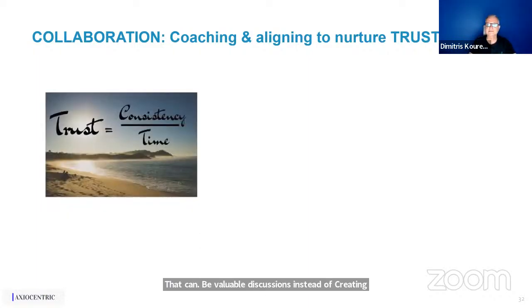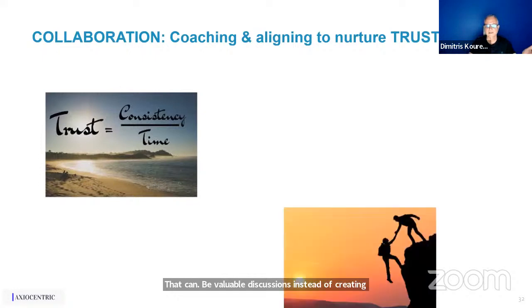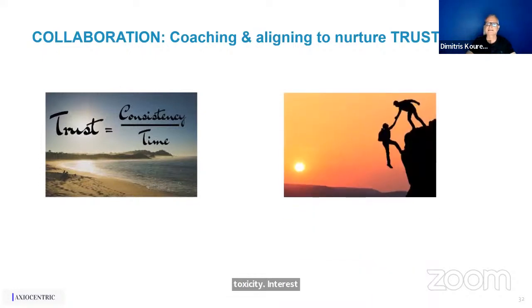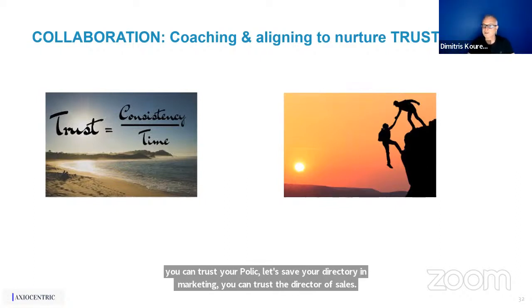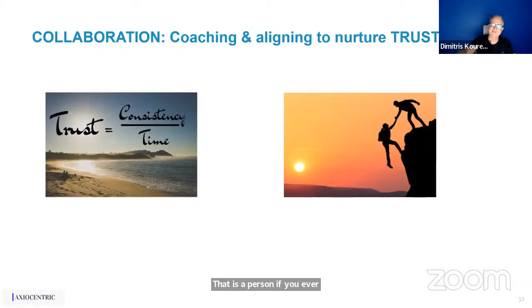And trust means that you can trust your colleague. Let's say if you're a director in marketing, you can trust the director of sales. That is a person who, if you ever have a problem in your life, you are at risk, they will help you. They will not push you over the cliff.